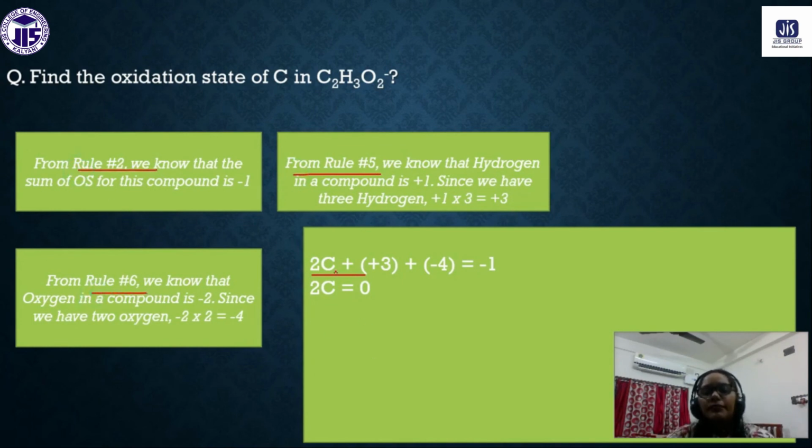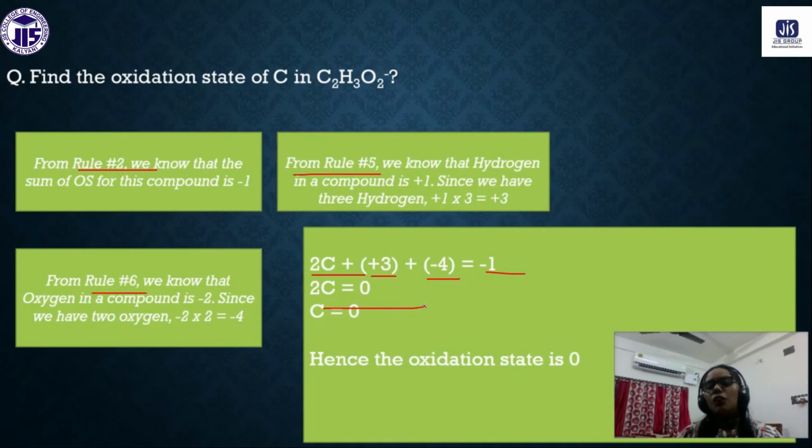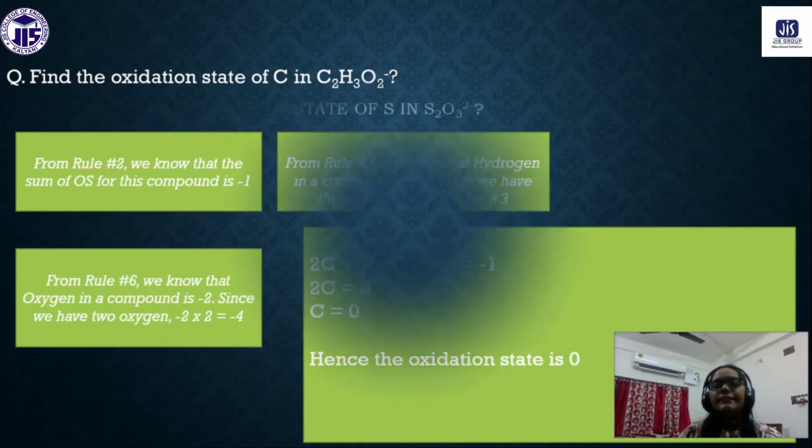So 2 carbon atoms are there, 3 hydrogen atoms, and oxygen is -2 into 2, so -4. That equals -1, right? So that means 2C equals what? 0. Yeah. So C equals 0. The oxidation state of the carbon is 0.